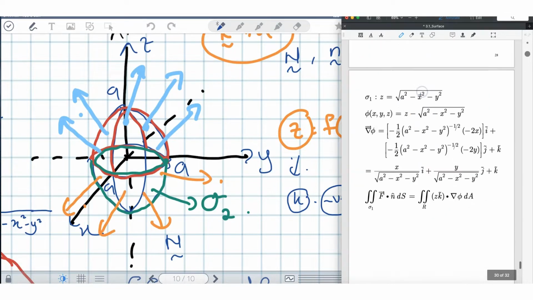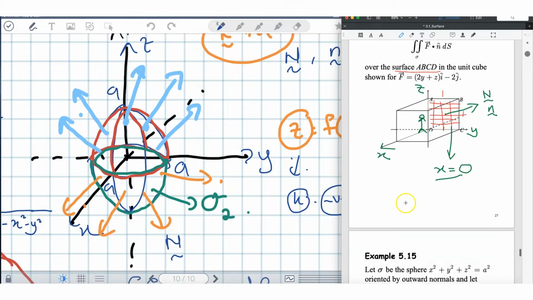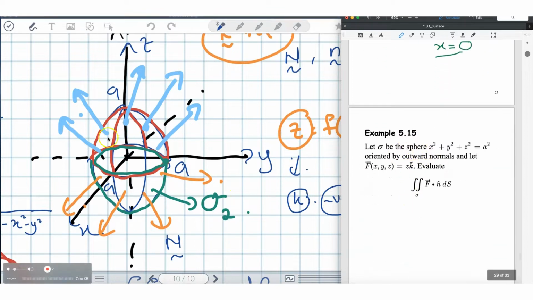Even though you have a cube like this, the surface you are computing is only A, B, C, D, so it is still considered open, where A, B, C, D is part of the cube. But in this particular example, we have the overall sphere, where we know the sphere is a closed surface.